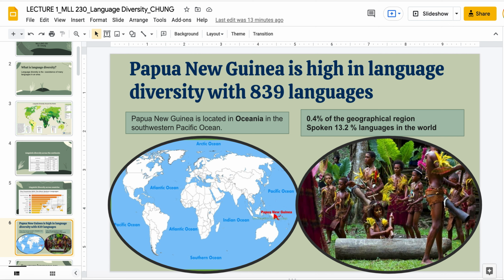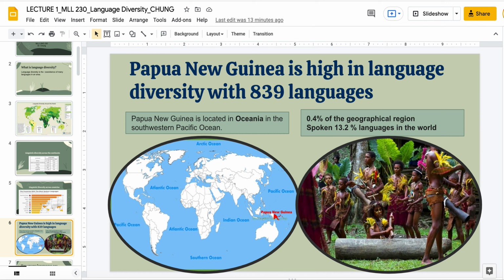Just a spotlight on Papua New Guinea real quick. Papua New Guinea, again, is located in Oceania, and it only covers about 0.4% of the geographic region of the world, but this is where 13% of languages exist in the world. So when we're talking about language death or language extinction later on, these are taking place in various places around the world, but also in Papua New Guinea.